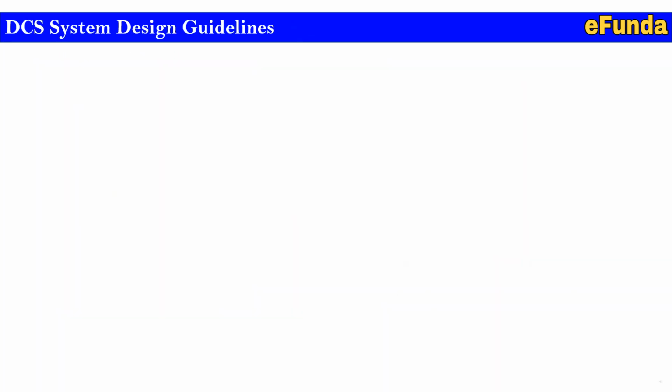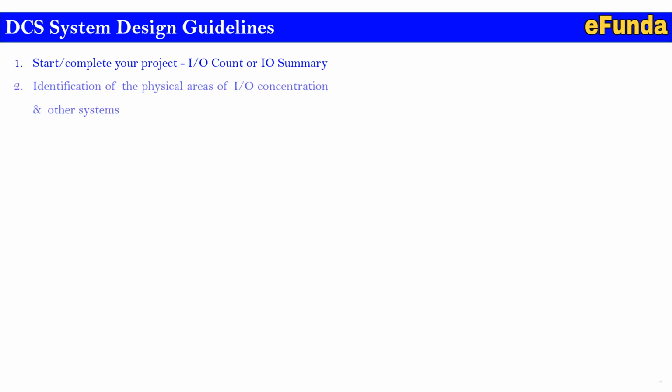Now DCS system design guidelines. We will see how the typical design guidelines are useful and how they have been listed. First, start or complete your project IO count or IO summary. Second, identification of physical areas of IO concentration and other systems.